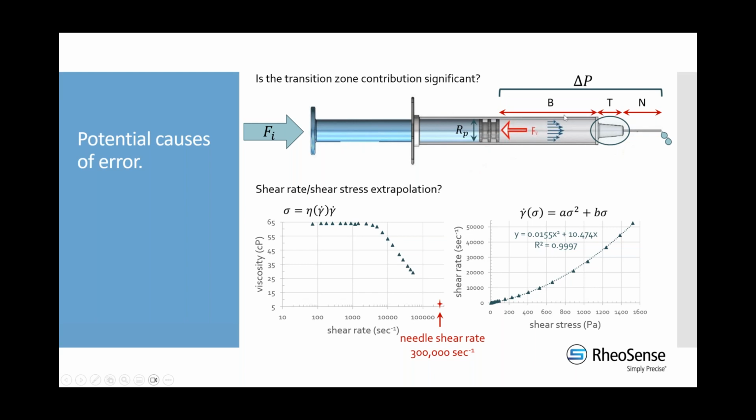It's very easy to make the comparison between what's happening in the barrel and what's happening in the needle, a little more difficult in this transition zone. So the question is, is this important, and is there some way we can incorporate it? I think some people who have the ability to do computational fluid dynamics can analyze it in quite a bit of detail, but that's beyond our scope here.